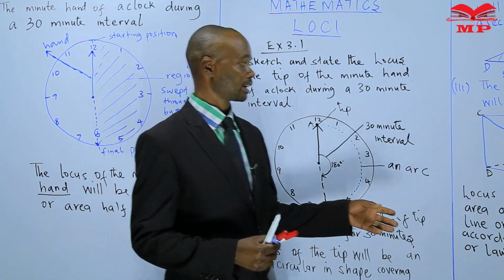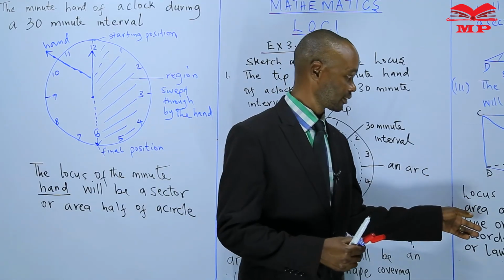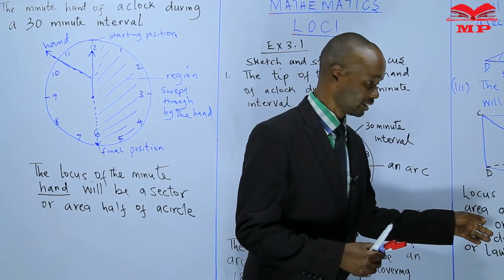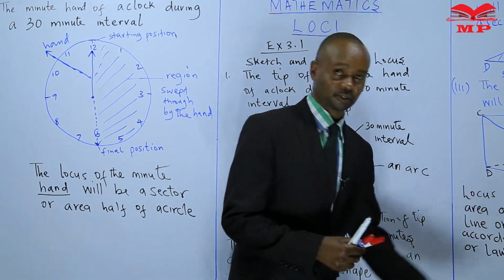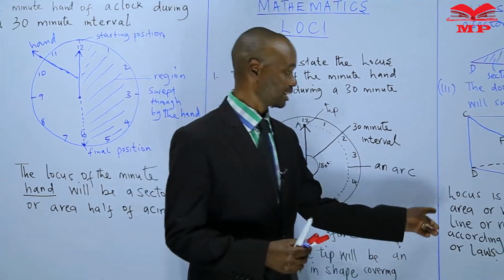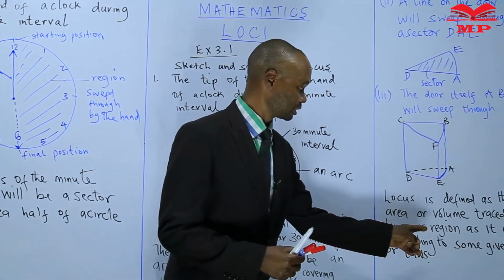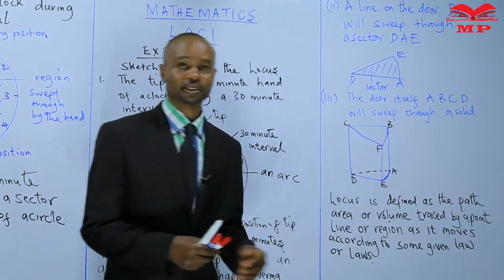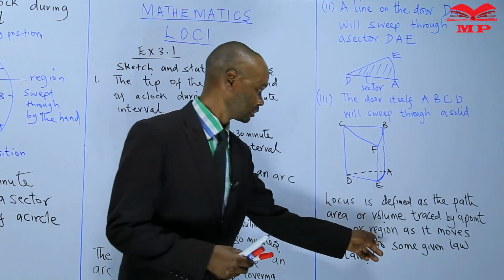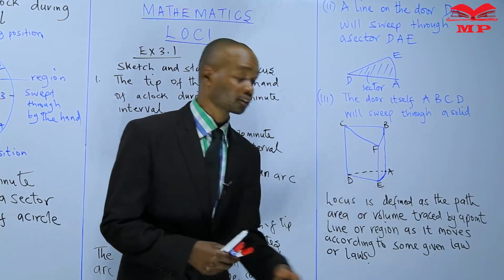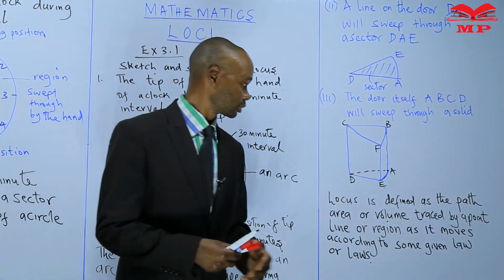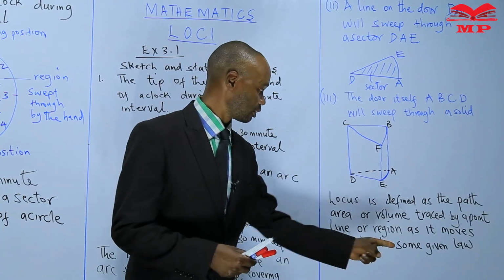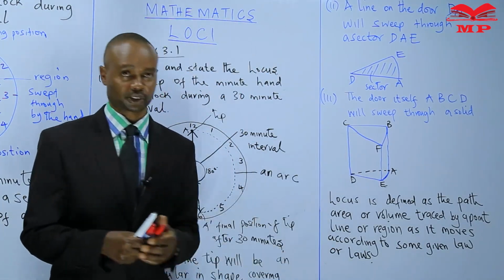And we said a locus is defined as a path, area, or volume traced by a point, a line, a region, as it moves according to some given law or laws.